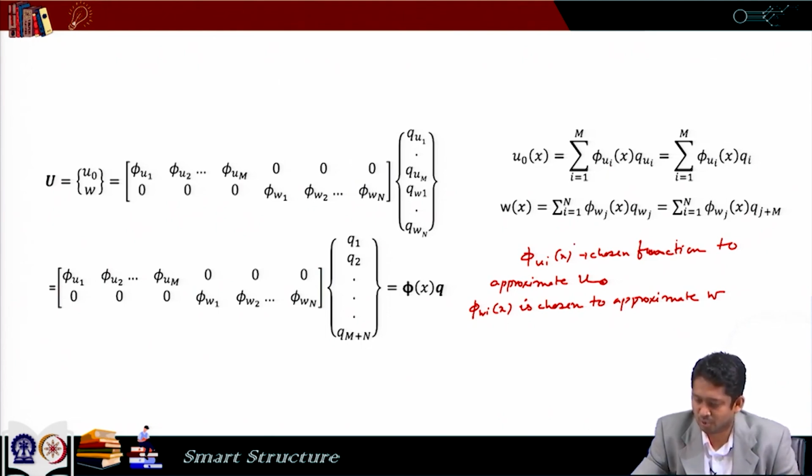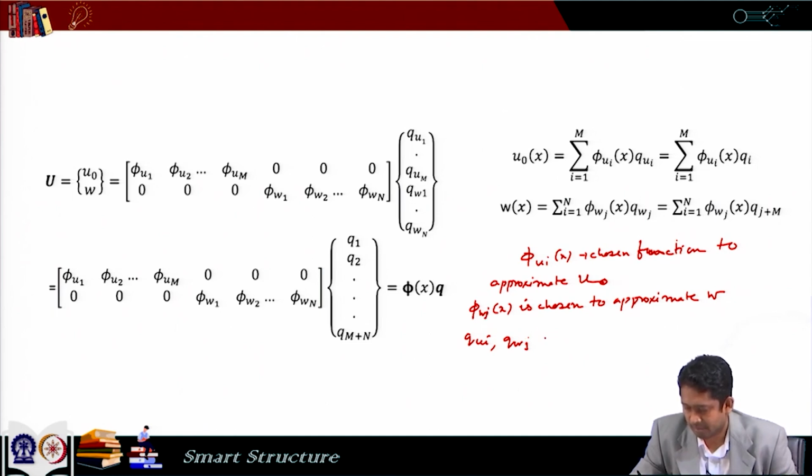So, these phi's are all known to us because we are choosing them, and they are being multiplied with unknown constants q u j and q w j. Now, q u I, q w j are unknowns to be found out.